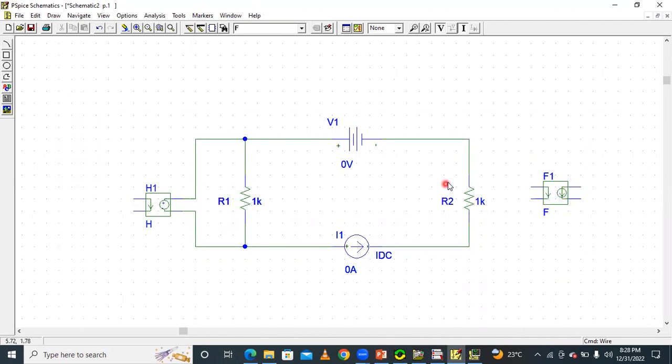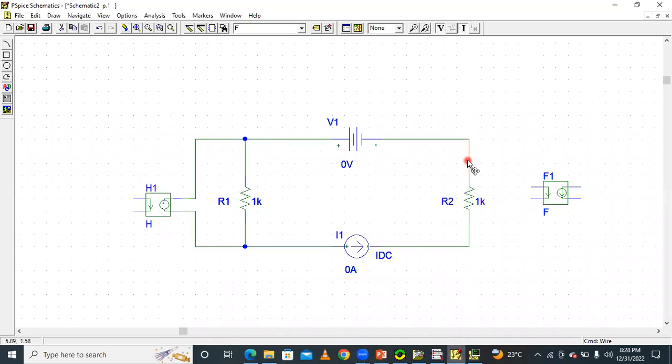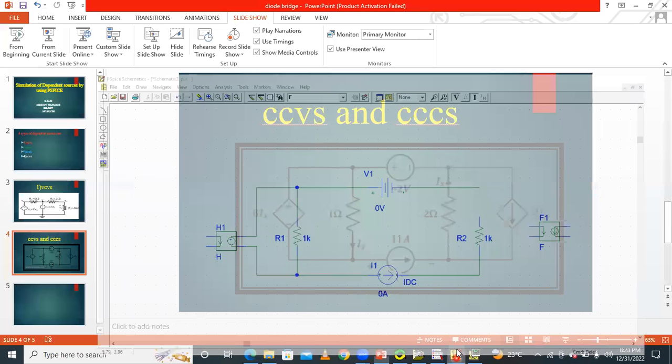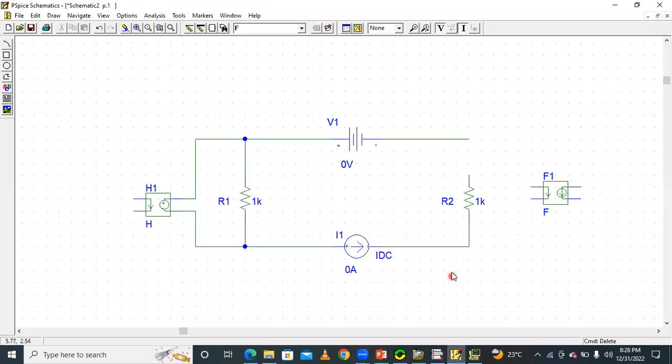And what is the current direction here? The current direction is upward, so Ix is in the upward direction. So we remove this wire and connect it so the current is upward. The current is leaving from this resistor.